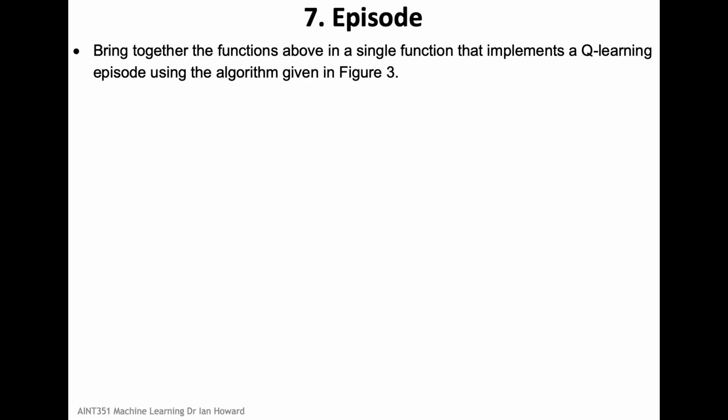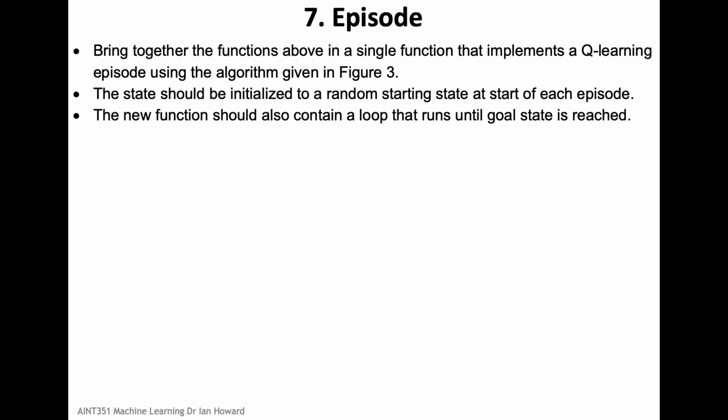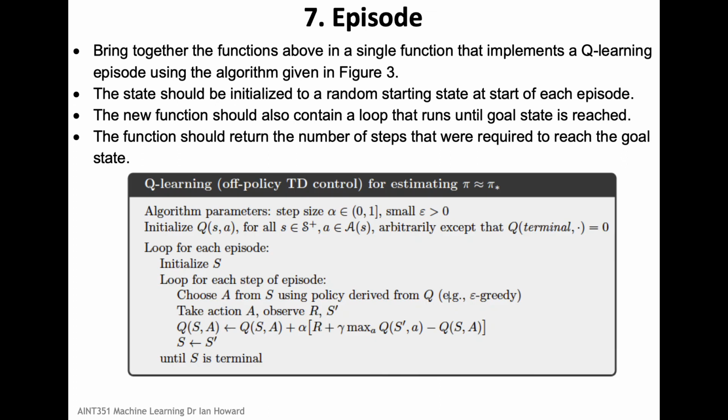Now to build an episode, what we need to do is start off with a random starting state. And it should just run a number of loops. So the episode is going to be this loop here, running over.